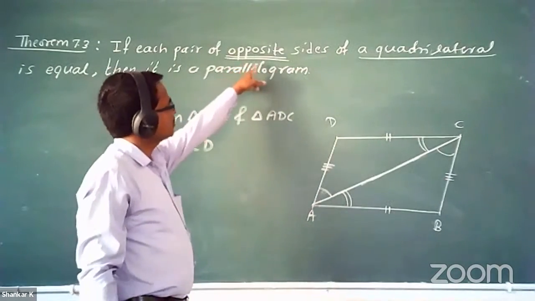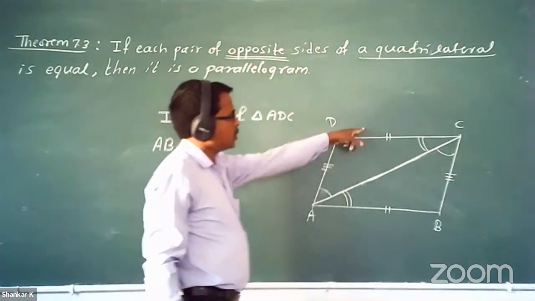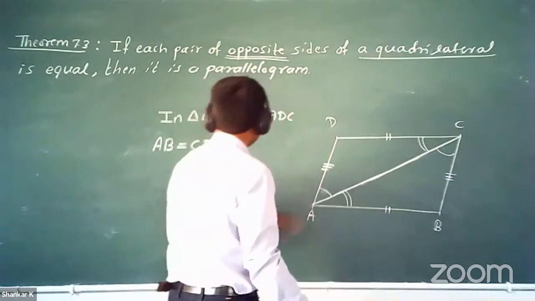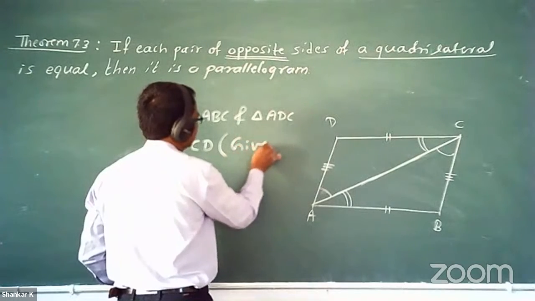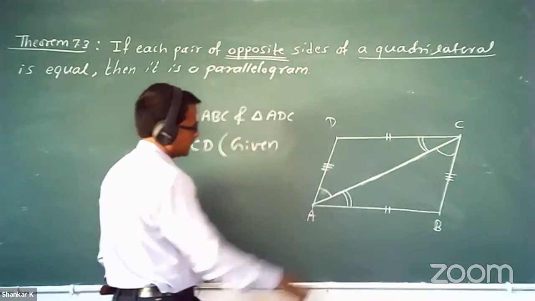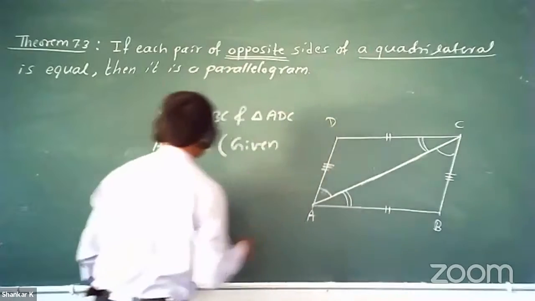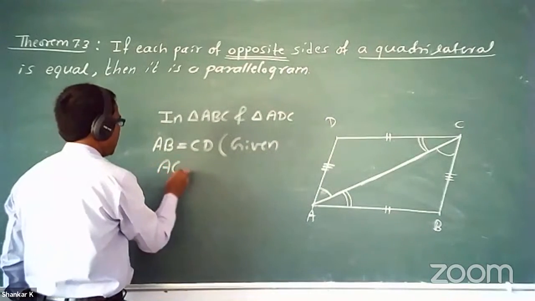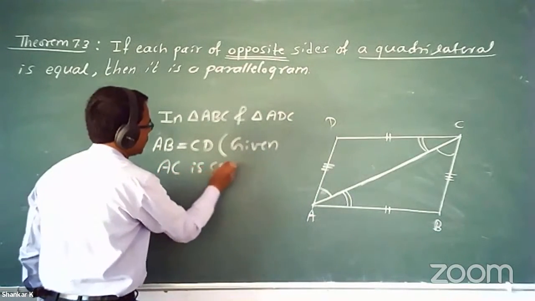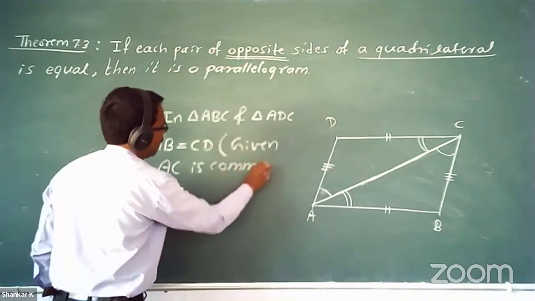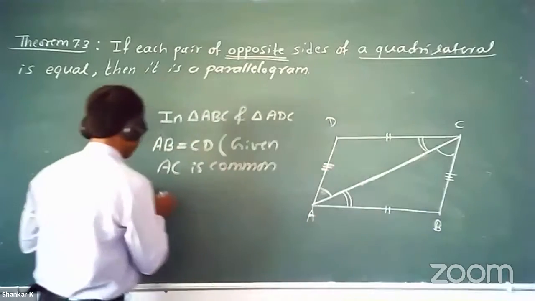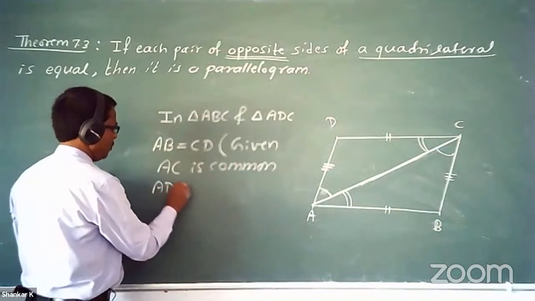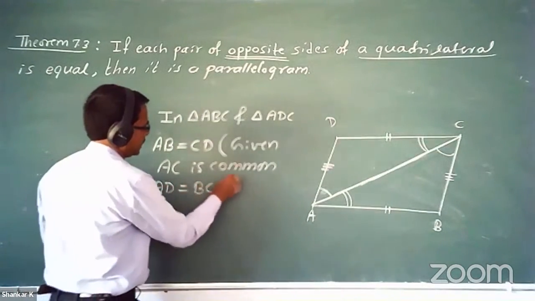It is given. Opposite sides of the quadrilateral are given equal. Then AC is common. Then AD equal to BC, that is also given.